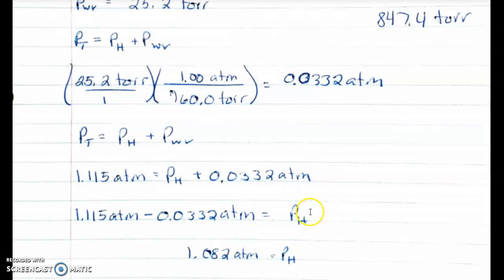This is just simple algebraic maneuvers. So the partial pressure of hydrogen is equal to the total pressure minus the partial pressure of water vapor. And again, we only want 3 significant figures, and our answer is 1.082 atmospheres.